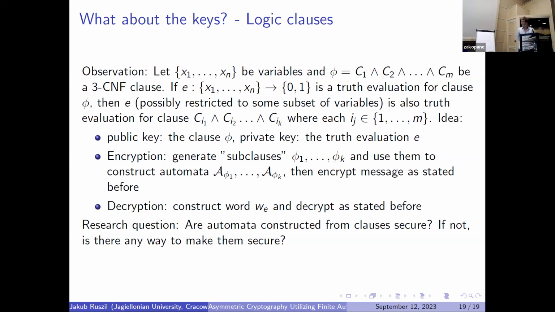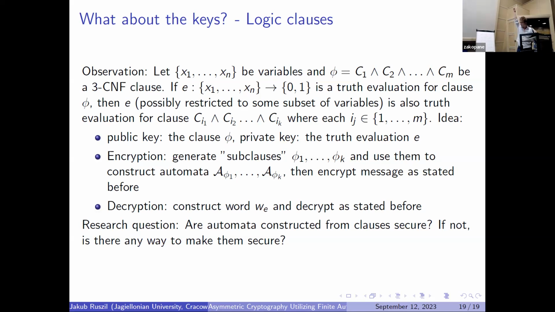So the encryption would be: first generate sub-formulas phi 1 to phi k, and use them to construct automata A phi 1 to A phi k. Then encrypt the message as stated before, and the decryption would be the same as stated before: just use that word W_E that works for all the clauses. So that is all that I have right now.